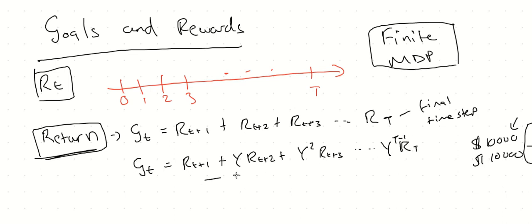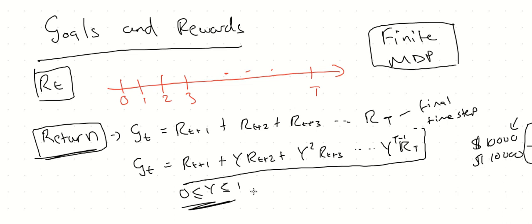So this becomes our return, right? And the important thing to know is that gamma should be between 0 and 1. This is also an important property of gamma.